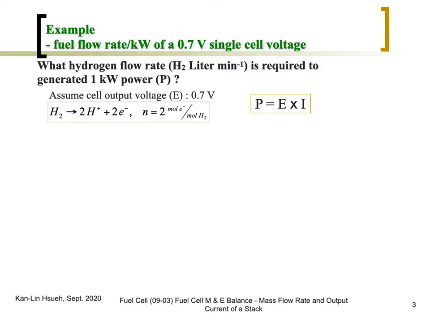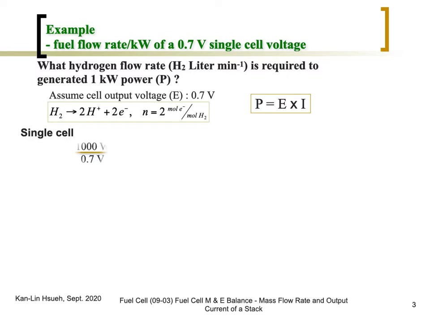The power P equals E times I, the cell voltage times the cell output current I. A single cell generating 1 kilowatt is usually impossible, not likely, but we do the calculation anyway.